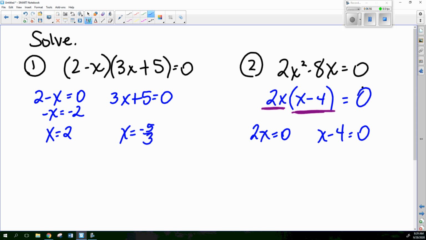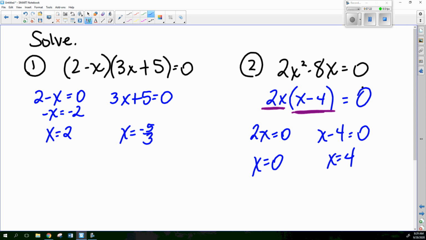How do I solve that first one? How do I get rid of that 2? Just divide, but what's 0 divided by 2? 0. And then the second one, x equals 4. We good on that? Questions?